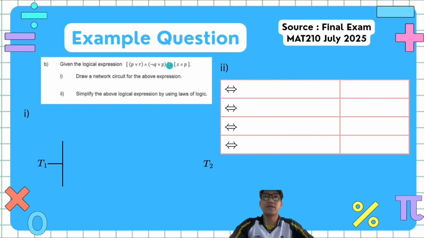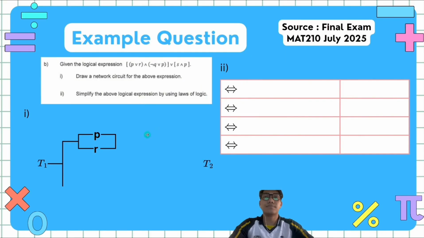After that, we can solve the first bracket first. Inside the first bracket, we can see that there are two brackets. In the first one, we see P or R. P or R is an OR operator, which is represented using a parallel circuit. Outside of both brackets, we can see that it is an AND operator.